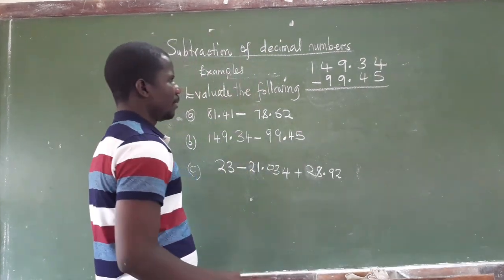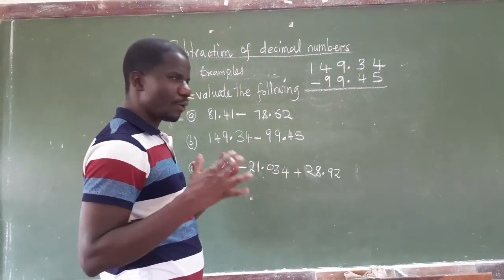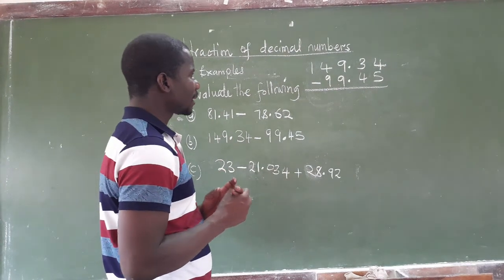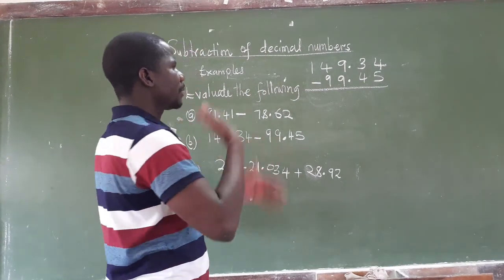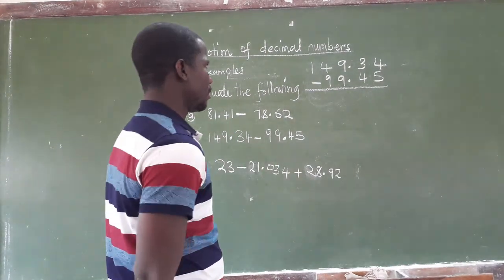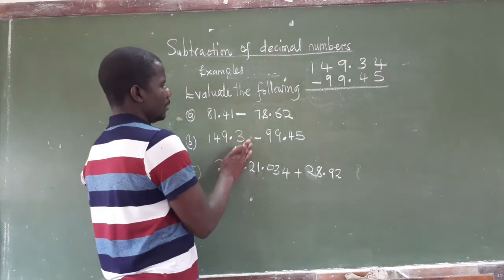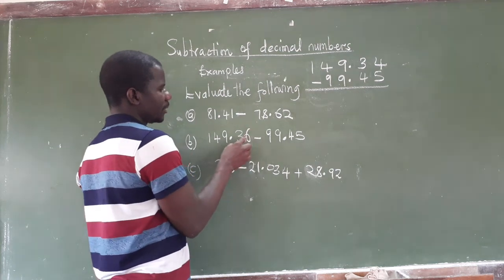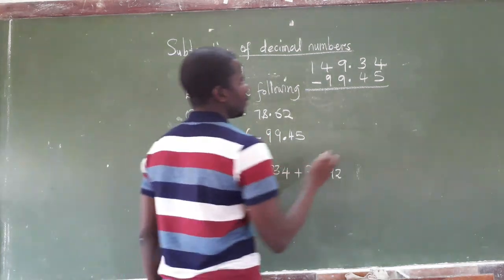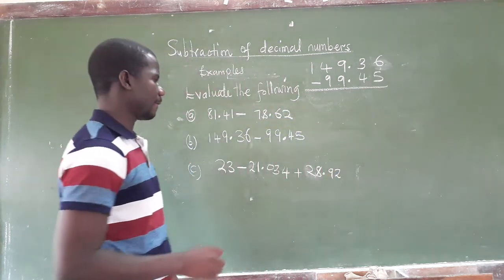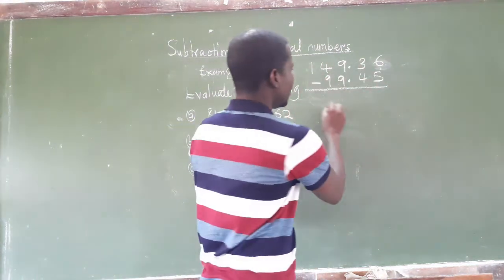Alright, but maybe just to help us achieve some concept, because we are practically going to do the same process over and over, I want us to change this. This one, let it be 6 here. Take note, let this be 6. Alright, I want this to be 6. Okay, so we can subtract now at this point.